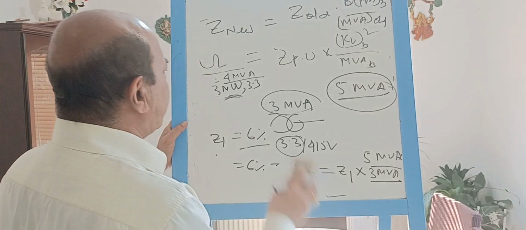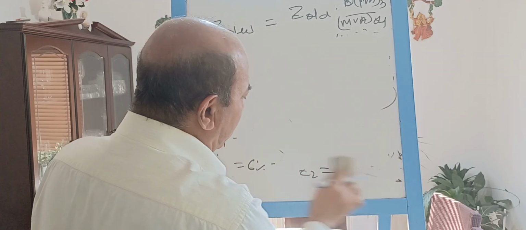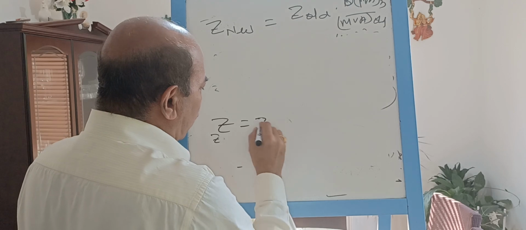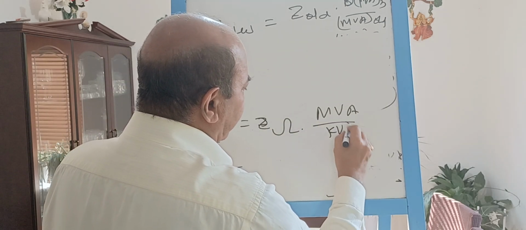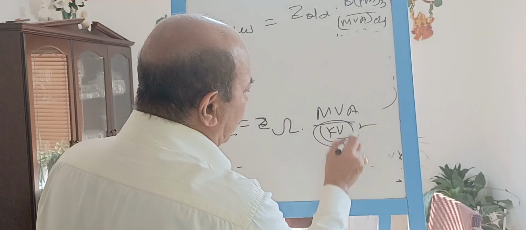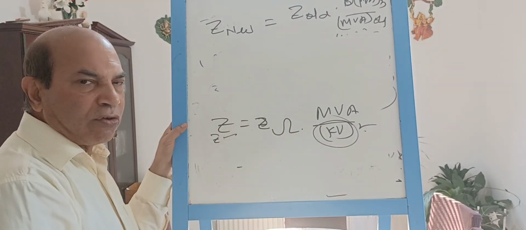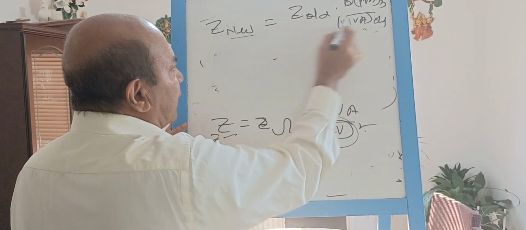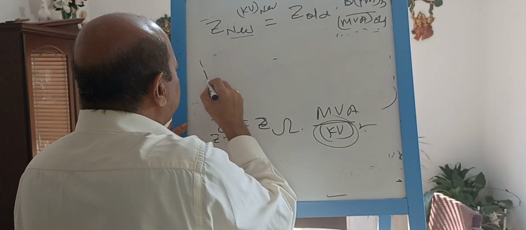But if the voltage is not the same, if the voltage is different in both the base and old, then this formula will be more complicated. We have seen that Z, the ohmic value, is represented into MVA by kV square, right? This is the formula we have used. Now you see, impedance is inversely proportional to the square of the kV. Suppose the new voltage is kV new and the old voltage is kV old.